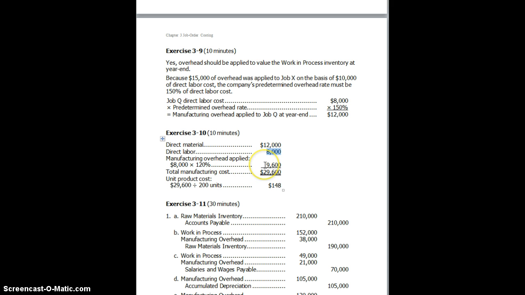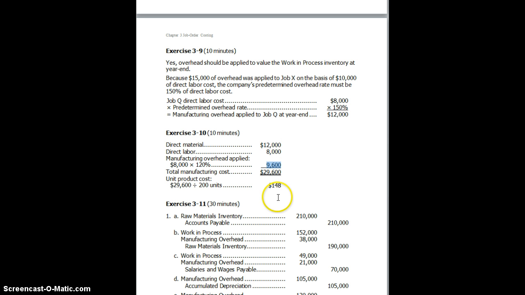In order to determine the amount of overhead, we need to take the direct labor cost on this job of $8,000 and multiply it by 120%. In other words, this company says for every dollar of direct labor cost they incur $1.20 of overhead for this particular job. Therefore, when we multiply $8,000 times 120%, we get overhead applied of $9,600.